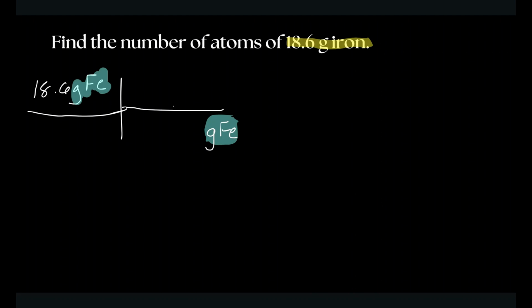Now, whenever we have grams, we are going to be looking at the mass, which in this case is going to be the molar mass. So if I look on the periodic table, the molar mass of iron is 55.845 grams. Now, remembering that the molar mass is equal to 1 mole that we have, we're able to go ahead and place this into our setup.